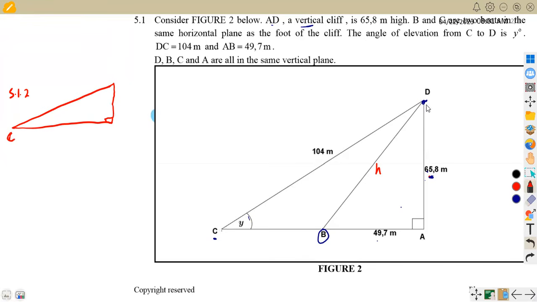We want C to D to A. We know that we are going to have this BD, B to D, this part across, but we are not considering this part.